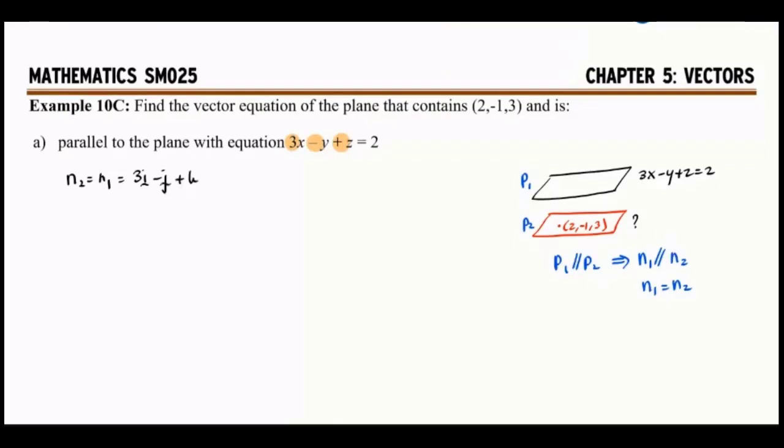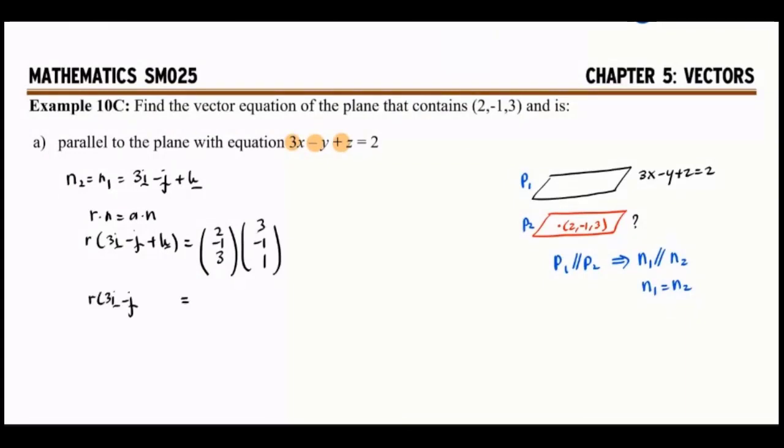So N is there, A is there, so directly substitute into the formula. We have r dot (3i minus j plus k) equals (2, -1, 3) dot (3, -1, 1). On the right side, what do we get? We have 2 times 3 is 6, plus 1, plus 3, which is 10.